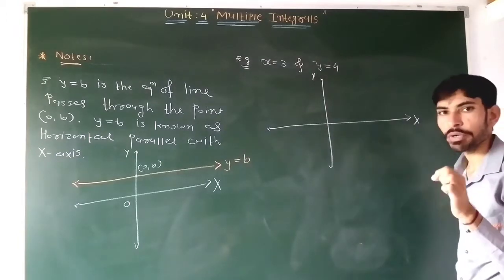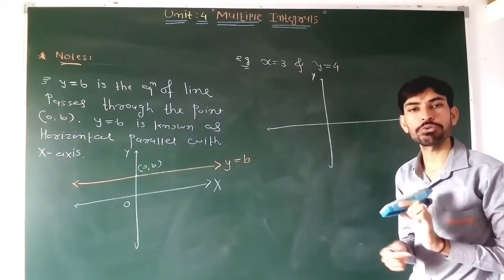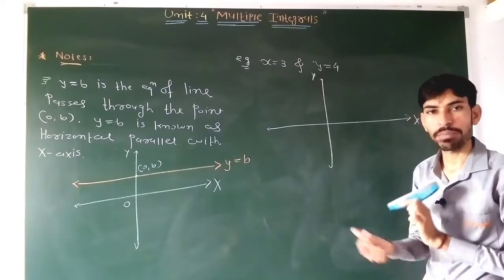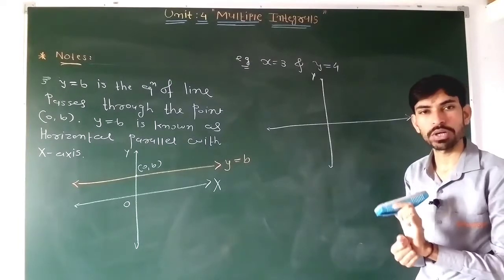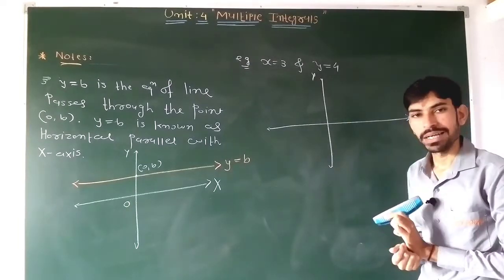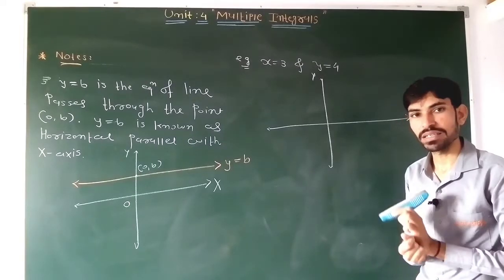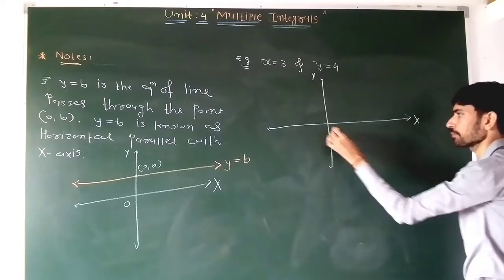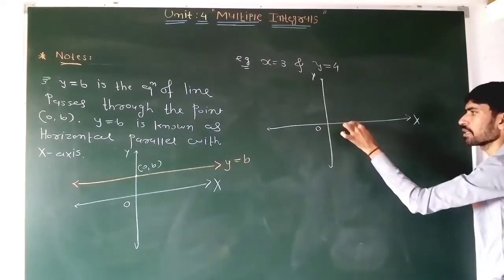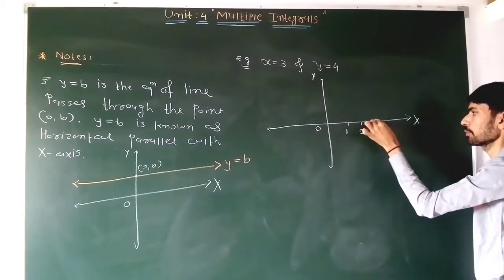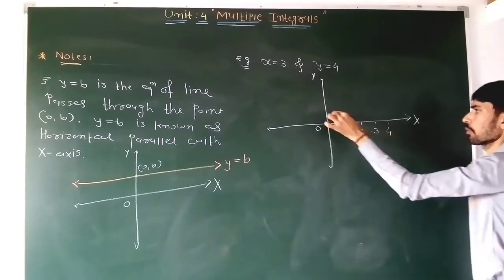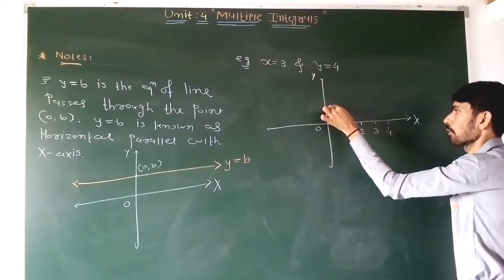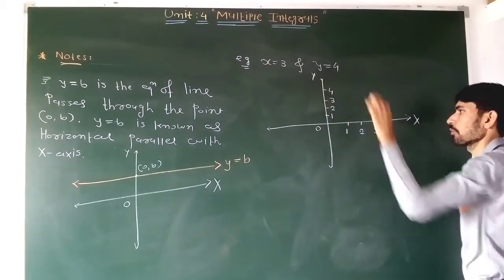Here we just draw our region roughly, so that we can find the limits of the region. We do not have to draw it on graph paper. Now we write the scale: 1, 2, 3, 4 on the x-axis and 1, 2, 3, 4 on the y-axis.